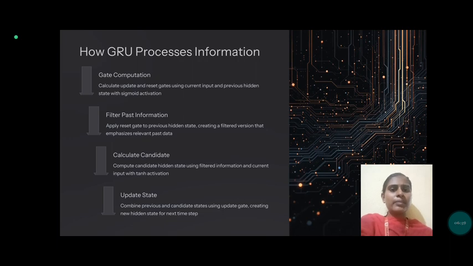Calculate the candidate: compute the candidate hidden state using the filtered information and the current input with the tanh activation. And the last one is the state update: combine the previous and candidate states using the update gate, creating the new hidden state for the next time step.